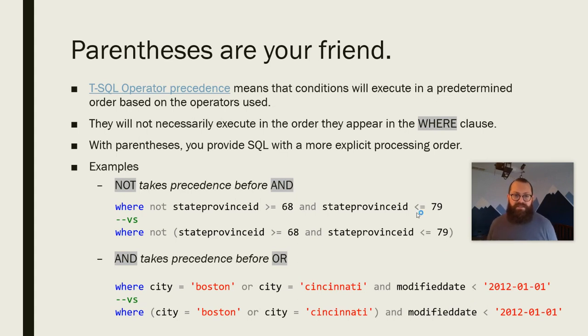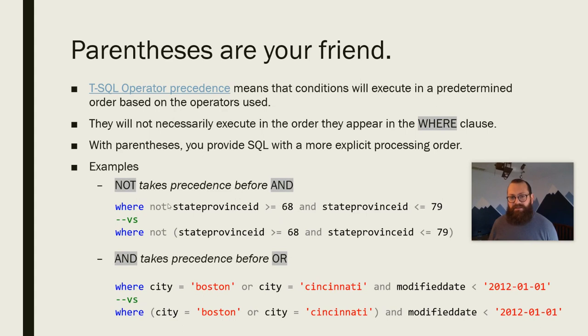It's going to be a lot easier to see the examples in practice, which we'll kick over to in a second. The first one is saying basically don't return the record if the value is greater than or equal to 68. So the value has to be less than 67, and the value has to be less than or equal to 79, which doesn't make a lot of sense logically, because you're only returning records less than or equal to 79.